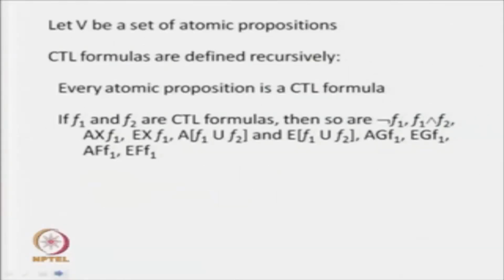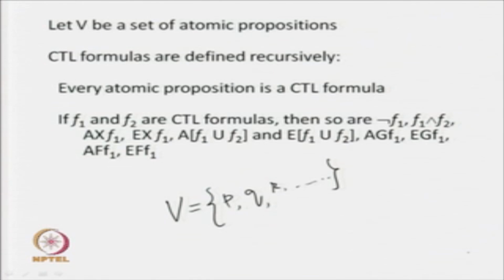Now, by looking at this BNF notation, we are going to see what CTL formulas we have. First, we have a set of atomic propositions. P is a set of atomic propositions. We can say that P, Q, R, etc. are atomic propositions, so they can take truth values, either true or false. Now, we can define the CTL formula with the help of these atomic propositions.